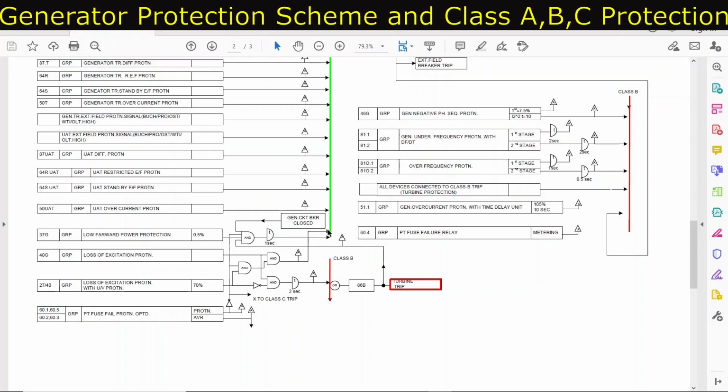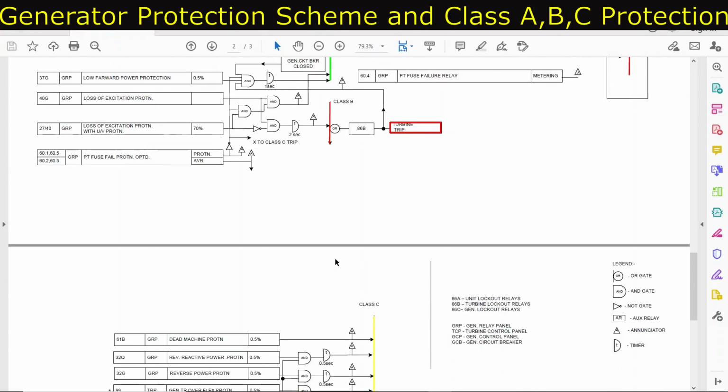This also goes to class A protection. If loss of excitation protection with under voltage happens, it goes into class A. If low forward power, there is a turbine trip. So all these protections come under class B. If class B happens, it will trip the turbine. So this is the class B protection.